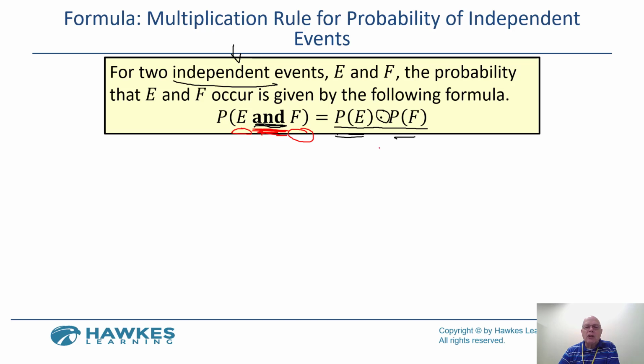So for OR, you do the addition rule, and for AND, you do the multiplication rule. They also need to be independent events, otherwise we're going to have to make a bit of an adjustment. If that's the case, we can just multiply the individual probabilities to get our AND probability.